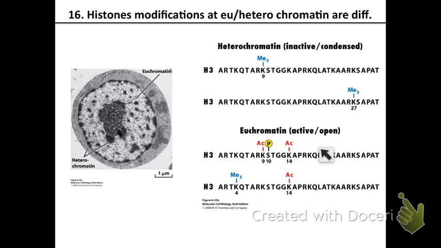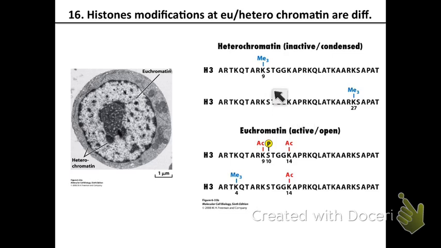In the euchromatin, like I said, you see more acetylation. So acetylation is usually associated with active chromatin. And then you had other types of modifications like phosphorylation. And you can see that methylation can actually be found in both heterochromatin and euchromatin, but the place where the methylation is put differs.